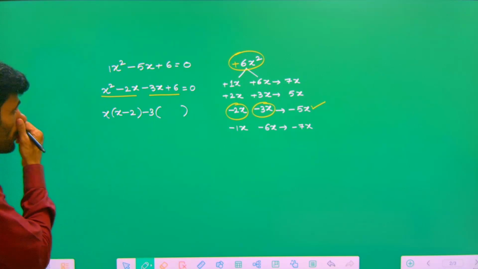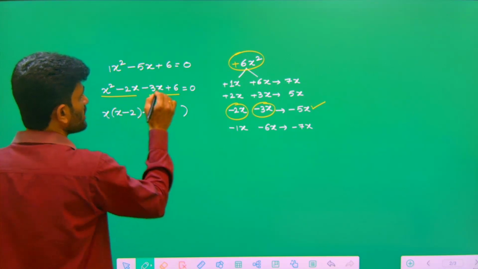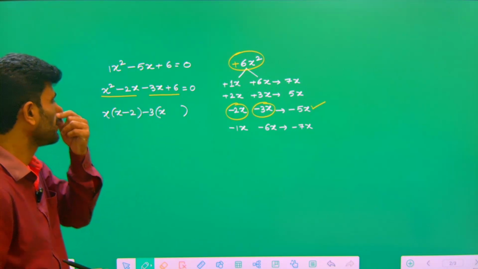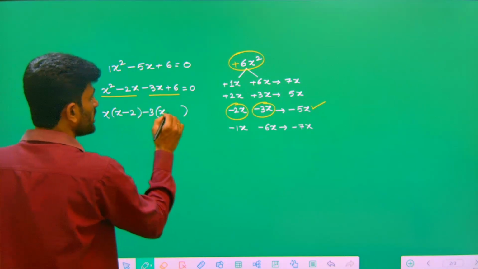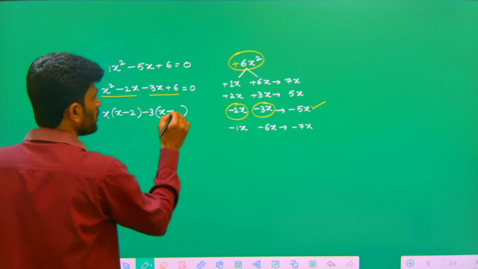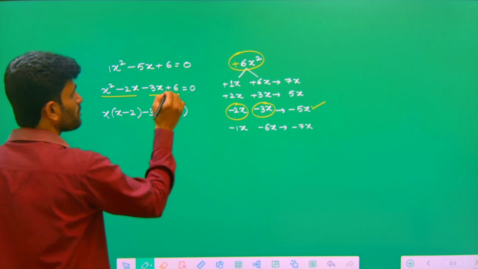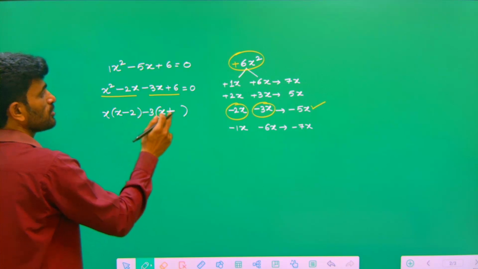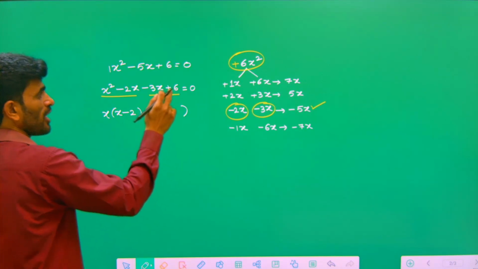If you take minus 3 common, what happens here? Minus 3 into x, minus 3x, plus 6 we have. So to get plus, what should be written here? Minus should be written, because minus into minus is plus. If you write plus here, what happens? Minus into plus, minus 6x. Do you have minus 6x?